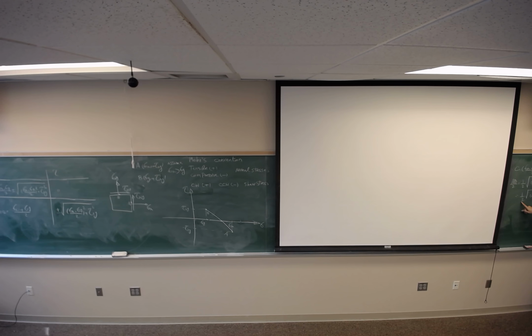If I bring this half inside the square root, it becomes 4. So it is the square root of sigma x minus sigma y squared divided by 4 plus tau xy squared. If I move this 4 inside the square, it's going to be 2. So it's going to be sigma x minus sigma y divided by 2, squared, plus tau xy squared.